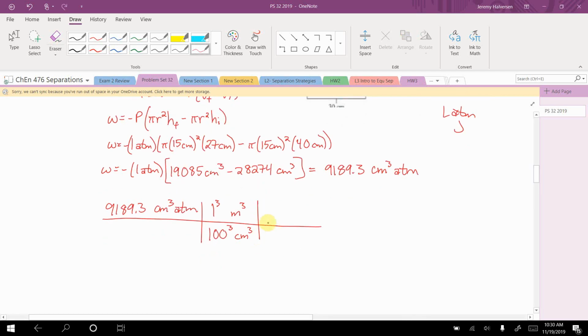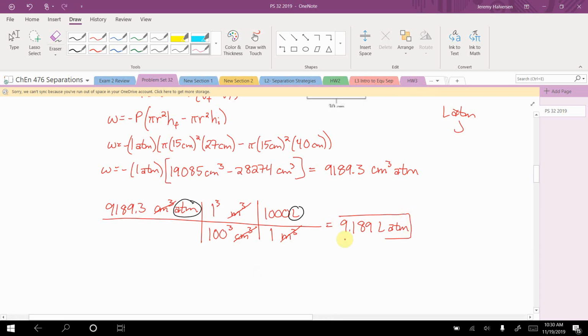Then I know that there's 1,000 liters in 1 meter cubed. Alternatively, you can just Google it. You can't Google it on a test. So I got 9.189 liter atmospheres. Right, so my meters canceled, my centimeters canceled, and I'm left with liter atmospheres.